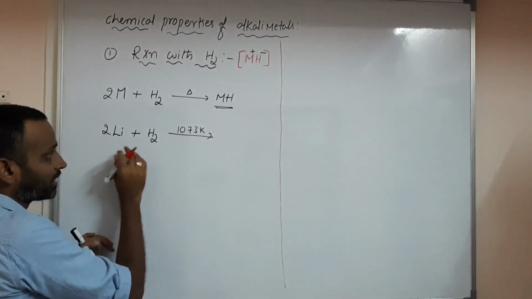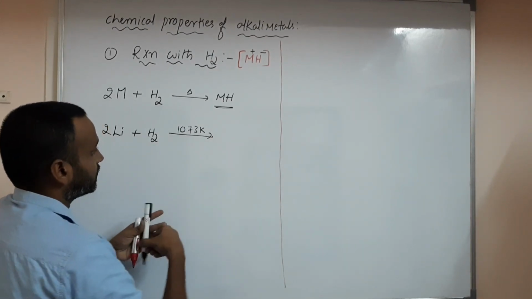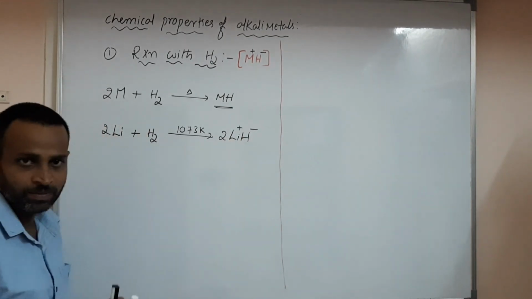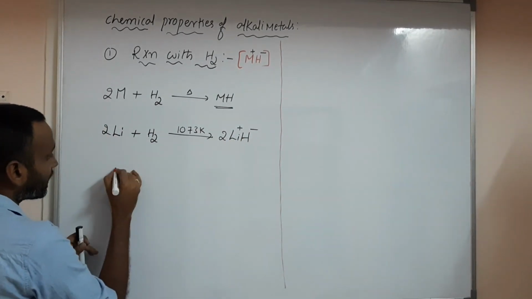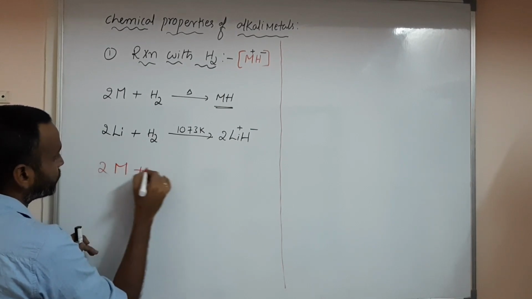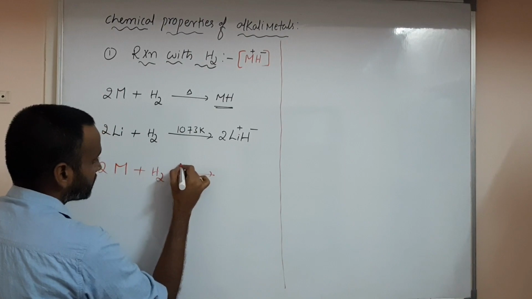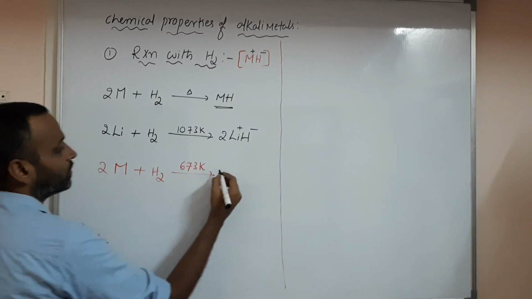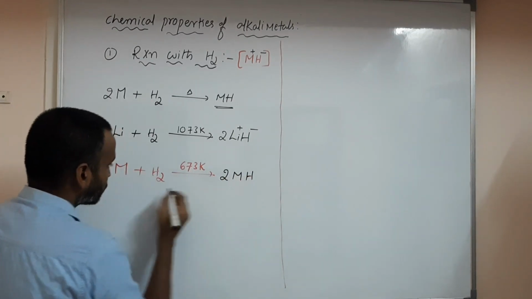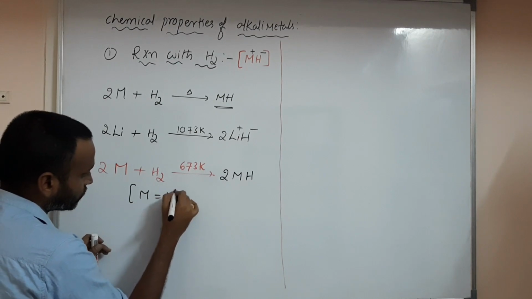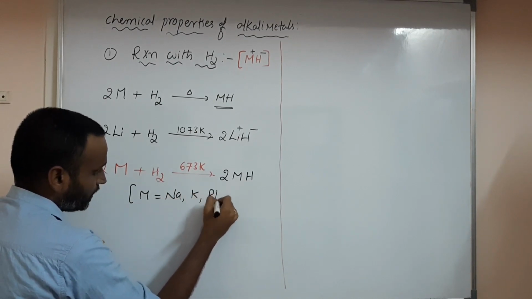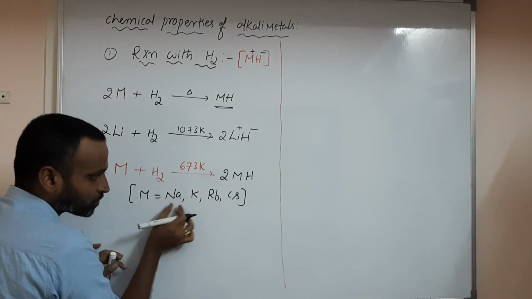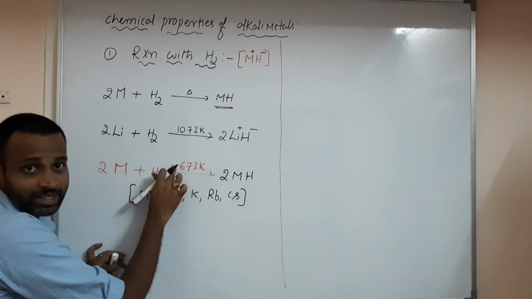So lithium is somewhat less reactive, and you get LiH, lithium hydride, Li plus and H minus. 1073 Kelvin is required, but for the remaining, M plus H2, just 673 Kelvin gives MH. Here M is sodium, potassium, rubidium and cesium, and as you go from sodium to cesium, this temperature can decrease.